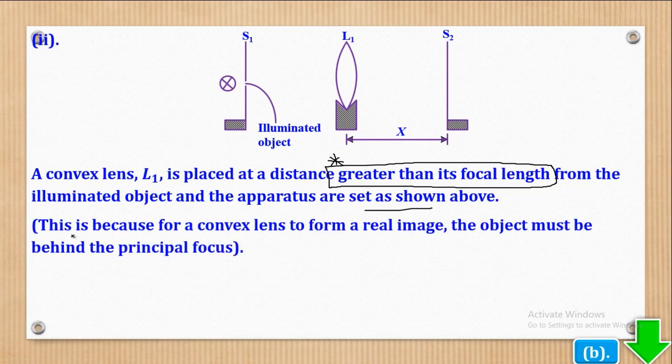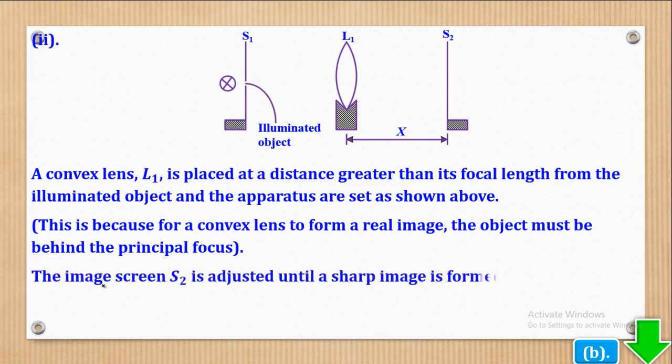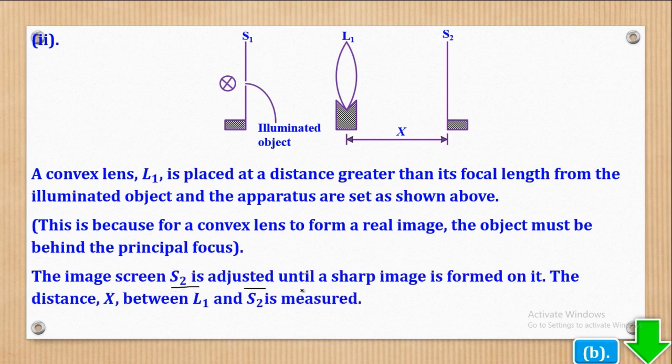You come and say that this is because, for a convex lens to form a real image, the object must be behind the principal focus. After that, we shall say that the image screen S2 is adjusted until a sharp image is formed on it.